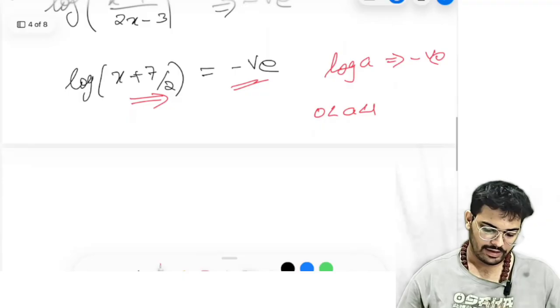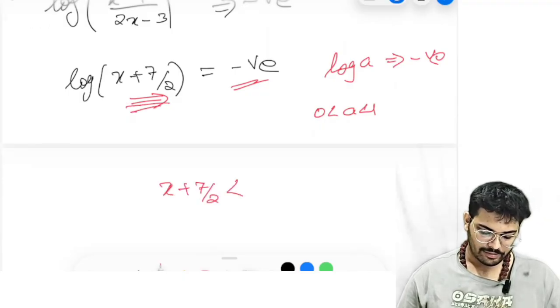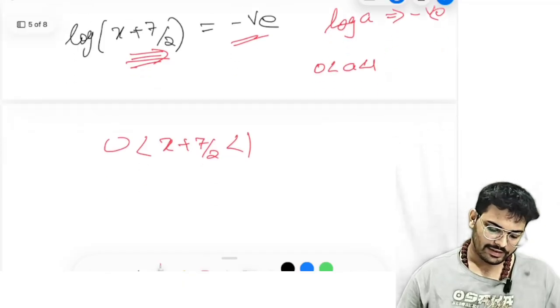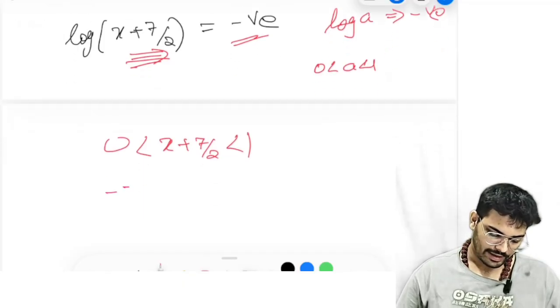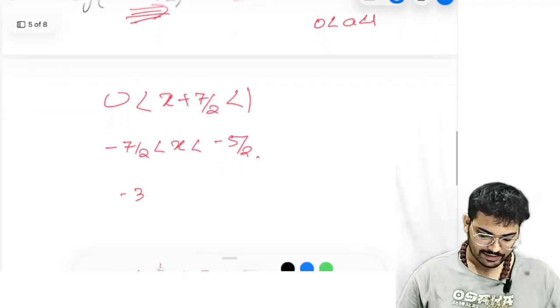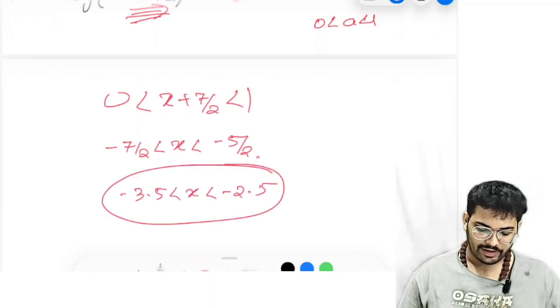It should be in between 0 and 1. Therefore we can start writing with x plus 7 by 2. This value should be less than 1, but it should be greater than 0. Now when you subtract 7 by 2, that is 7 by 2 minus 7 by 2 less than x less than, this will be minus 5 by 2. That means from here minus 3.5 less than x less than minus 2.5. This is our range.